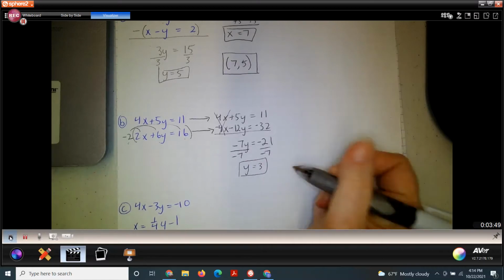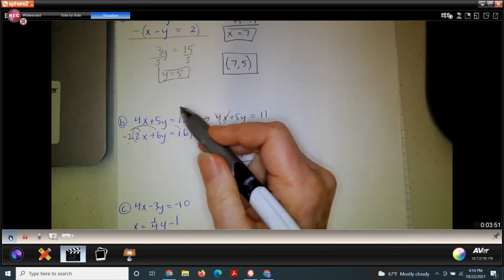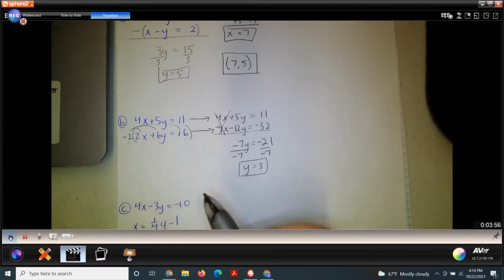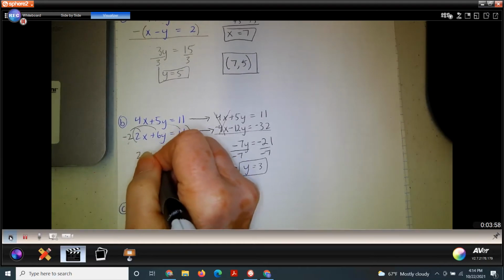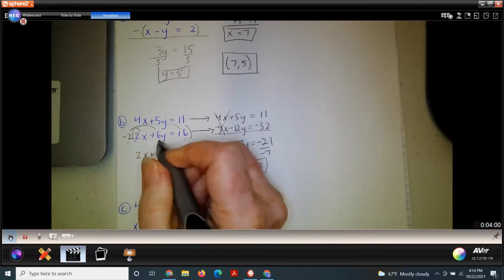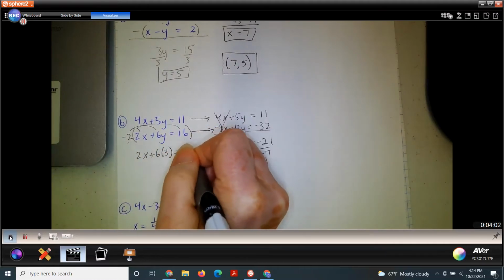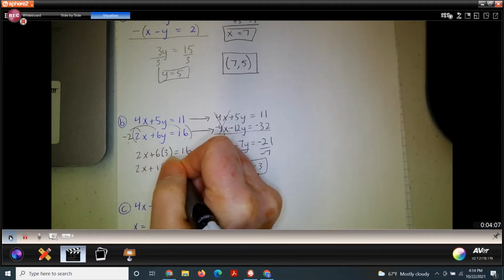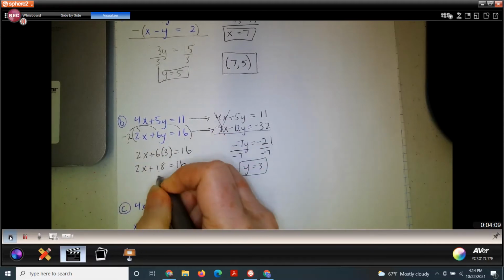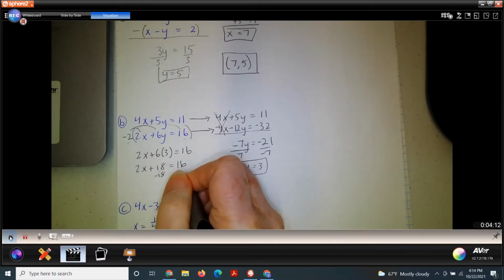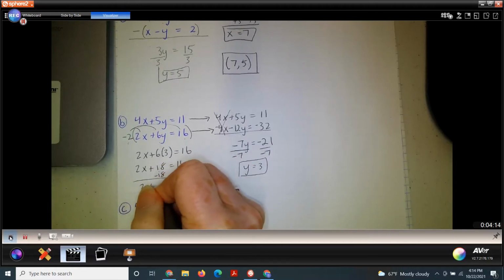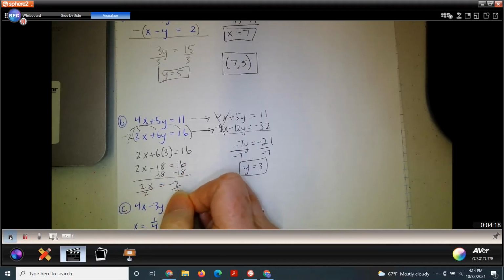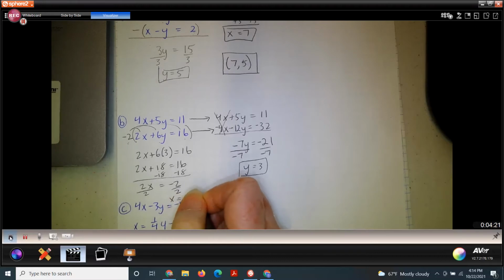And if y is 3, then I can plug that in somewhere and get x. I think I'll just plug it into this bottom equation. So 2x plus 6 times y equals 16. Well, 6 times 3 is 18. If I subtract 18 on both sides, and divide, I have x equals -1.